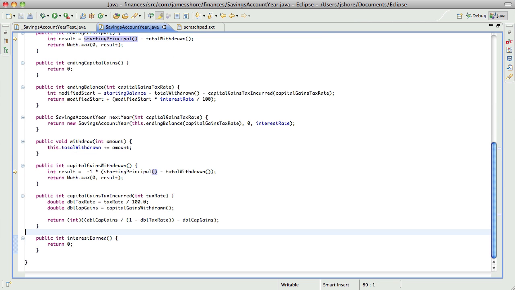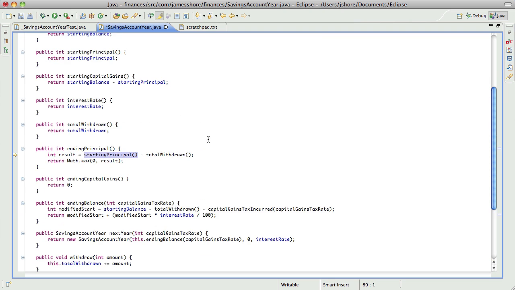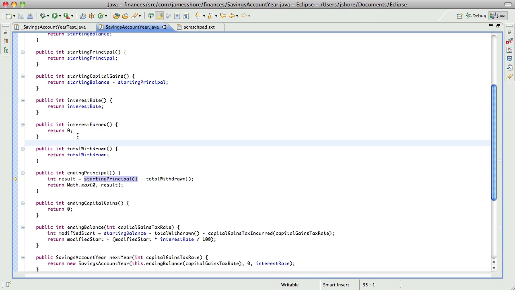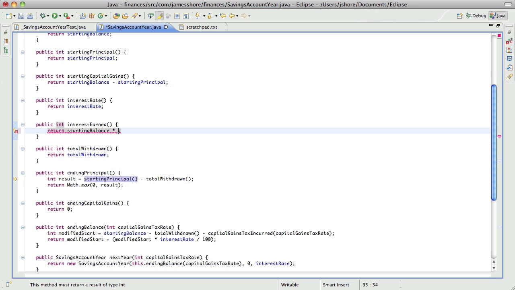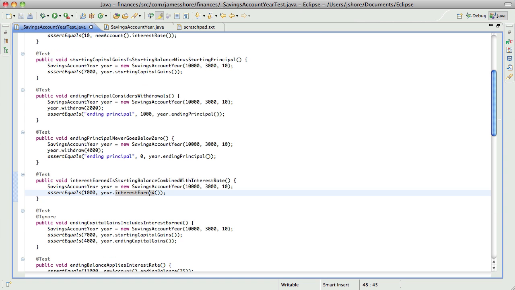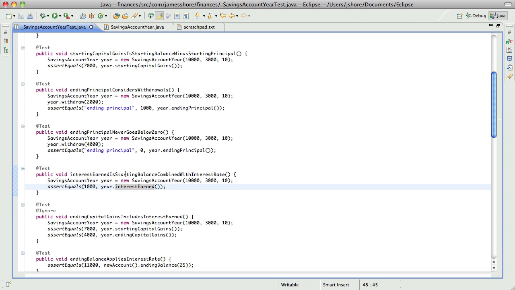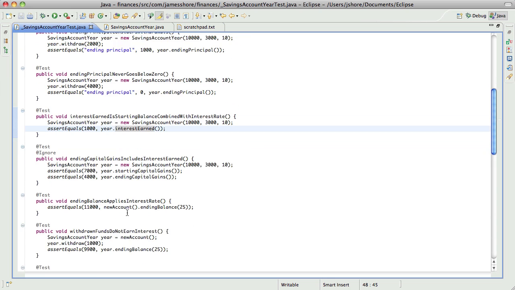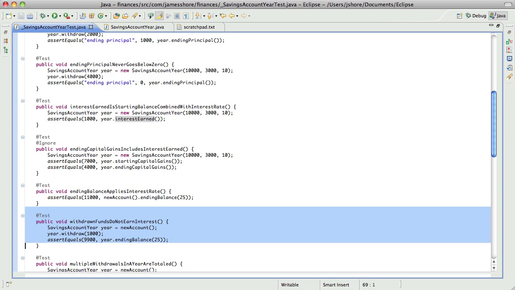Expected 1,010. And that, of course, is just going to be the starting balance times interest rate divided by 100. I know that's not correct, by the way, because it doesn't take into account the amount withdrawn, but that actually is going to allow us to fix this here.